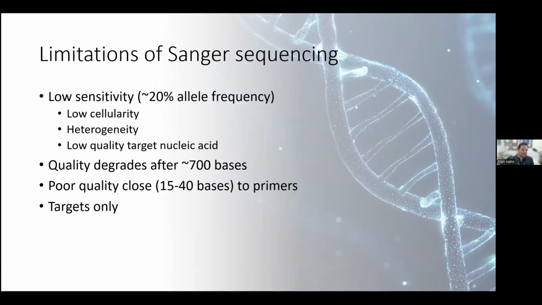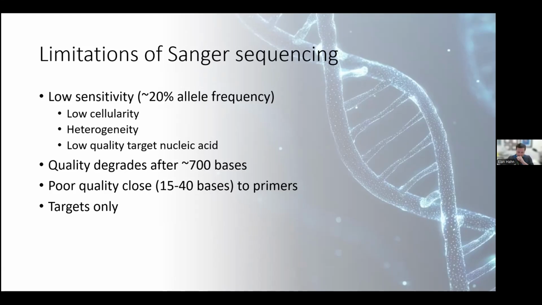So Sanger sequencing has known limitations. It has a relatively low sensitivity when we're comparing it to next generation sequencing, where we need an allele frequency of 20%. This is hard in cases where there's low tumor cellularity, where there's tumor heterogeneity, or there's low quality target nucleic acid.